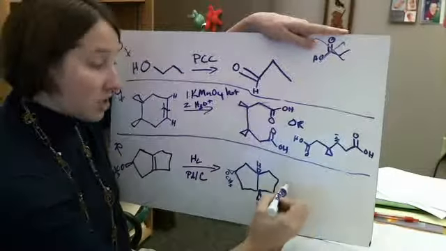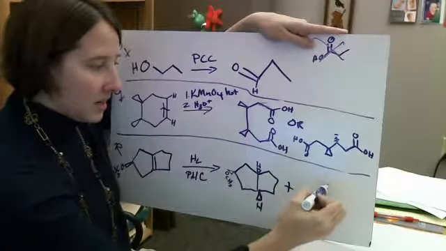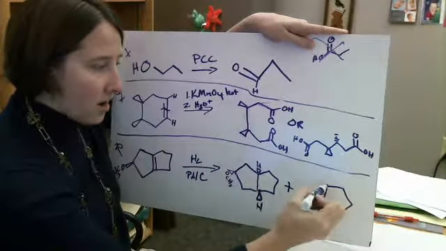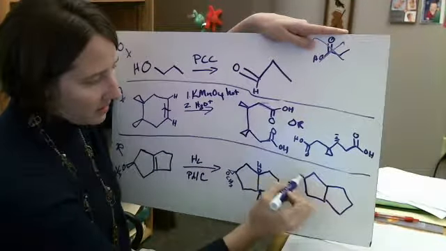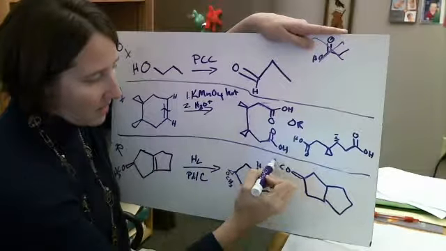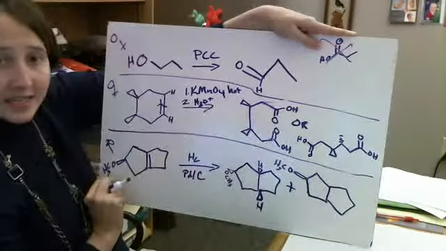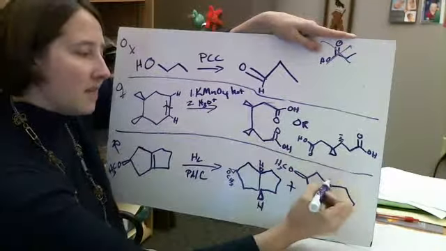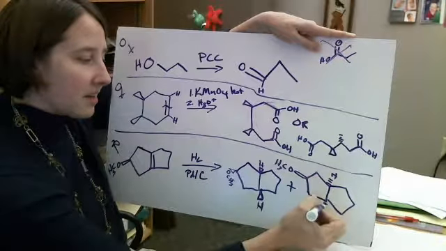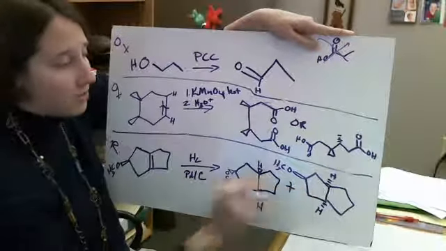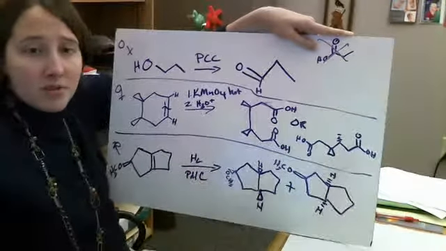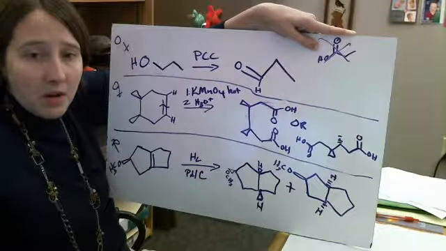And I also need to draw the product where this is again still coming out at me. I have not changed that, so it has to stay the same as it was here, but then I also have the H's coming back at these. Now these 2 are stereoisomers, they're diastereomers, different products, so I have to draw both of them there. So those are the answers for those 3 questions.